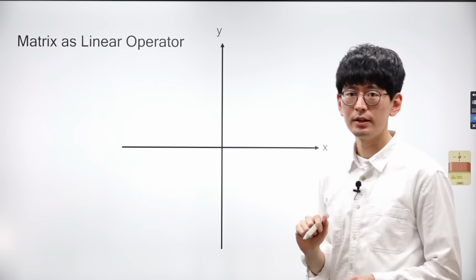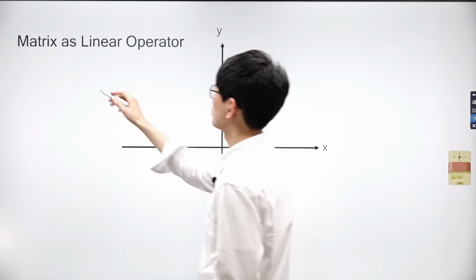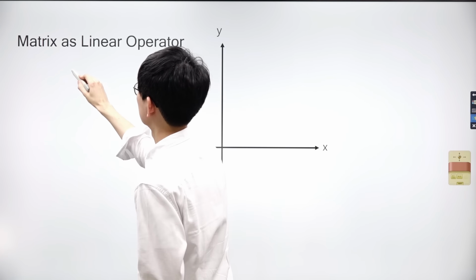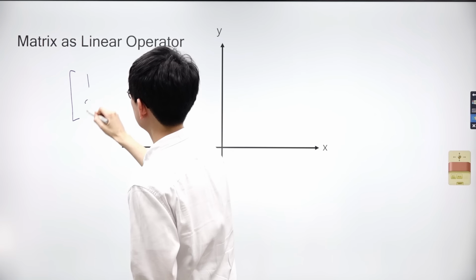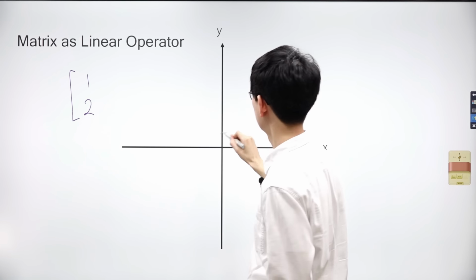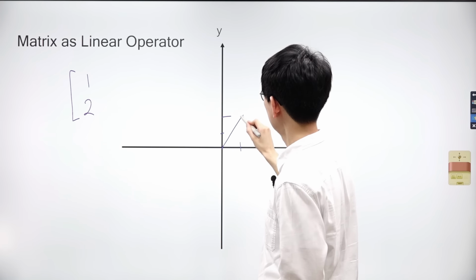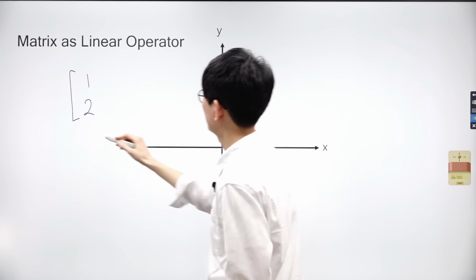Now let's delve into the concept of a linear operator and its operation on a 2-dimensional plane. For instance, consider a matrix composed of vectors A and B, where A is 1, 2, and B is 2, 1.